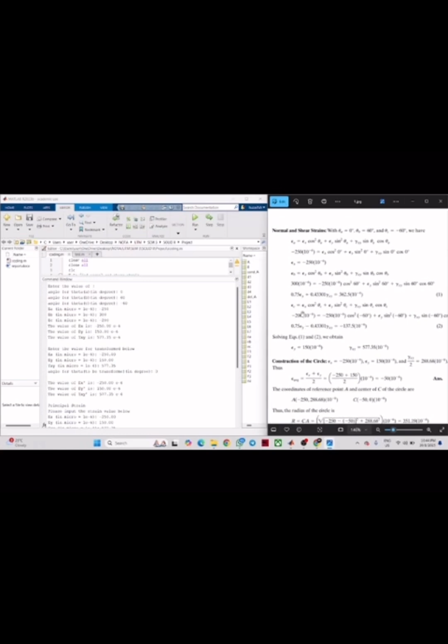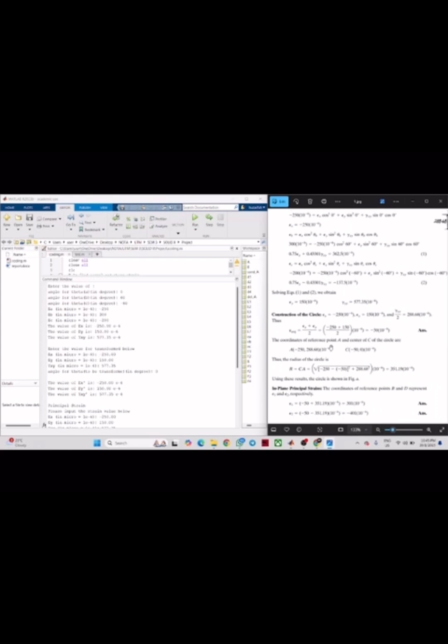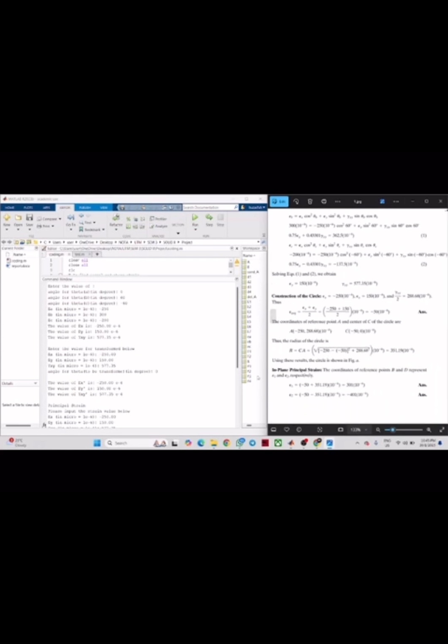So we see the final value is epsilon x is negative 250, same as in the rubric, epsilon y is 150, and gamma xy is 577. It's the same.